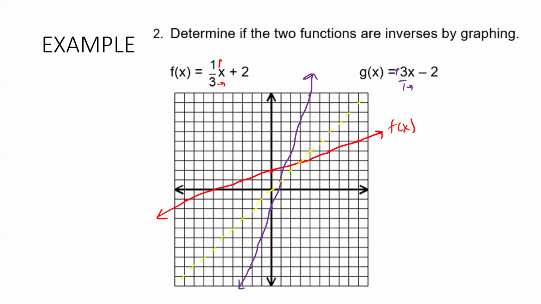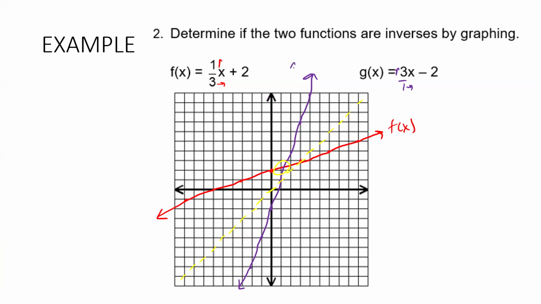Graphically, they are not a reflection over the y equals x line. If they were a reflection over the y equals x line, then their intersection would have taken place on the y equals x line. They did not intersect on the y equals x line. So therefore, they are not inverses of each other.